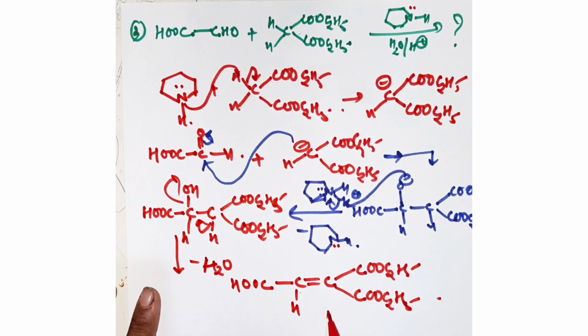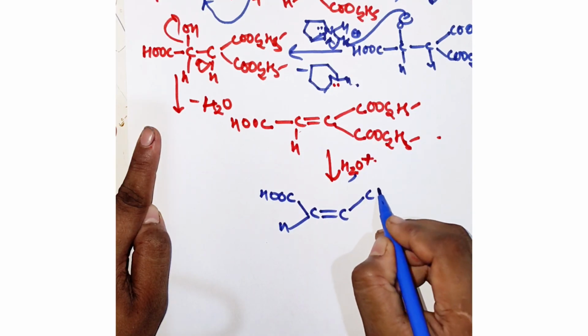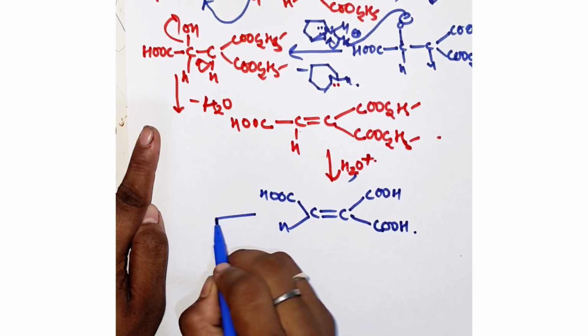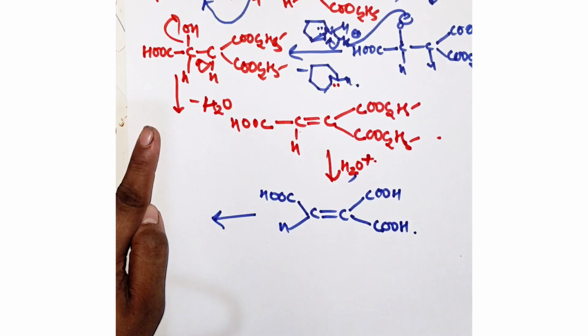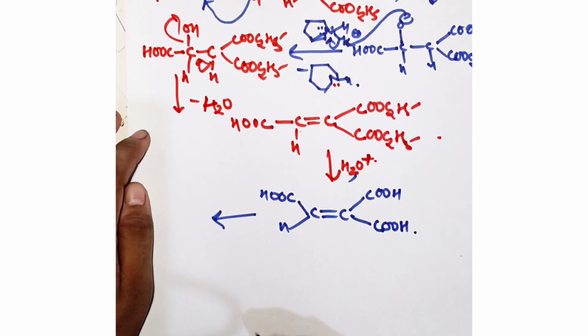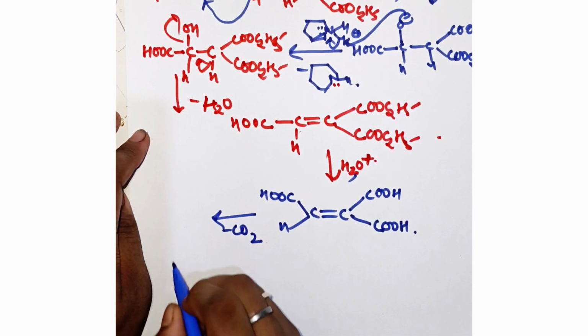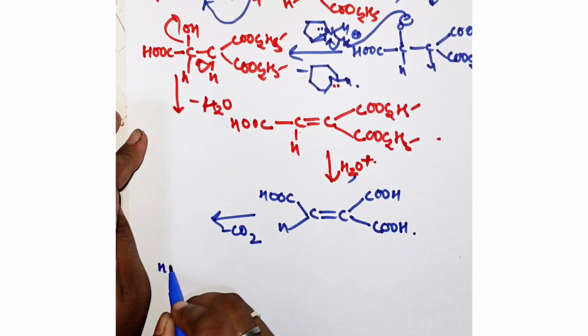Now again in the question, hydrolysis, H2O, is given to you. So what happens if it is done? When hydrolysis is done, what will happen? This is the one, right? Here it will be COOH, here it will be COOH. Now, what I told you, one molecule of carbon dioxide will go out and then you are going to get this as your product.